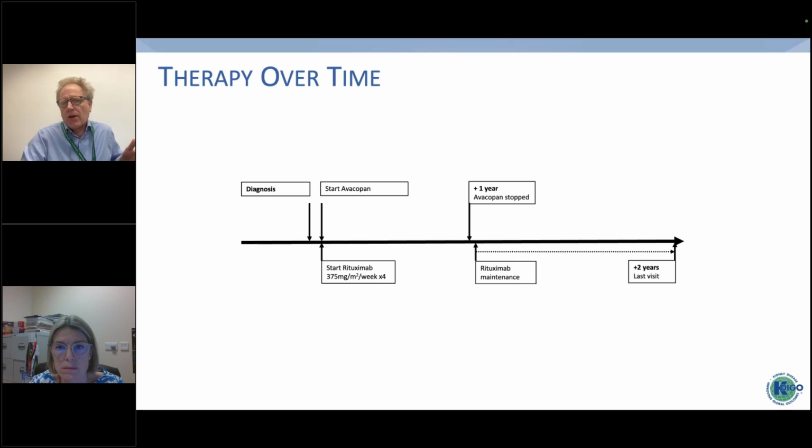And if you follow patients for, say, 2 years after you stop rituximab, around 50% will relapse. So the current advice is after you stop rituximab, you do need to monitor the patients carefully in order to try to pick up that relapse if it occurs.